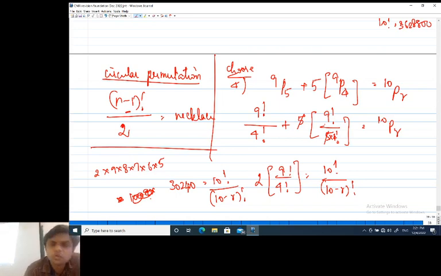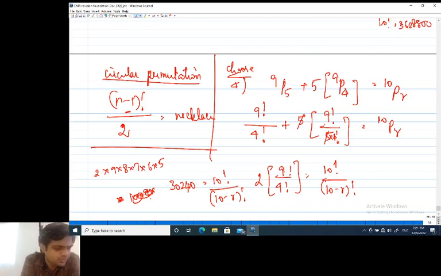Okay. Now go with option testing. Don't solve for R. It will take a lot of time for you to solve. When you go with option testing, 10 factorial by 7 factorial, 10 into 9 into 8. கண்டிப்பா 3240 கிடையாது. 10 9s are 90, 9 8s are 720 தான்.